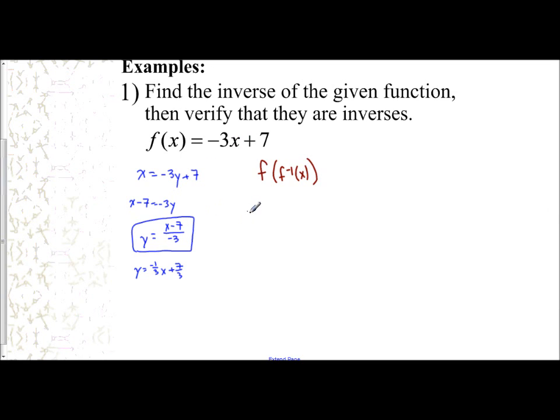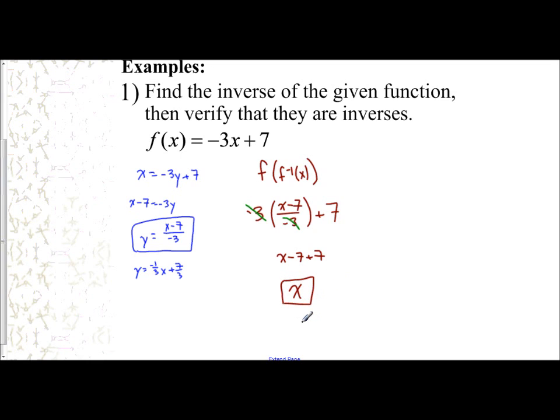So I have negative 3 times, instead of x, I'm going to use x minus 7 over negative 3 plus 7. And so if we take a look, negative 3 and negative 3 are going to cancel. And so I have x minus 7 plus 7, which the negative 7 and 7 cancel, and I'm left with just x.